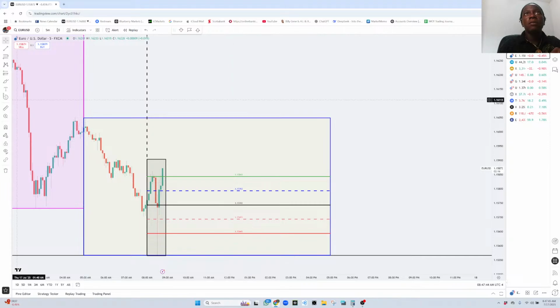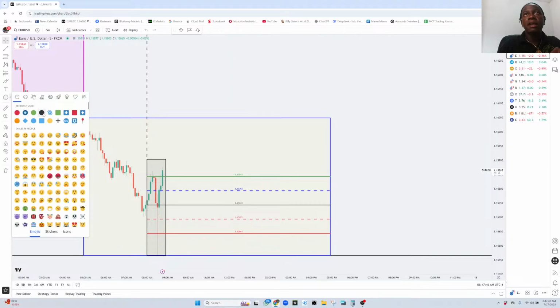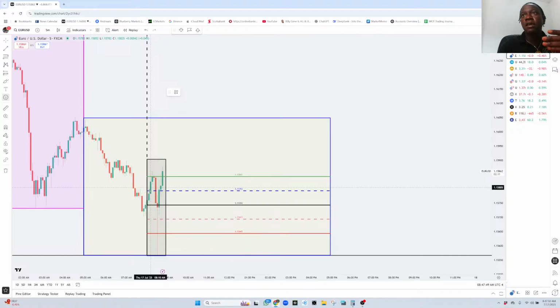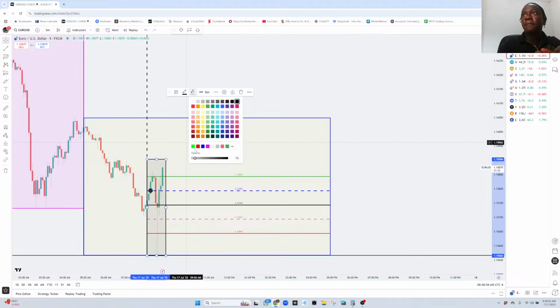The black dot represents whether I hit a buy stop or a sell stop. As you can see, markets moved 5 pips. I put this black dot here to indicate that I entered a buy position at this price. I could change the color of this box to green to indicate that today I entered a buy position.